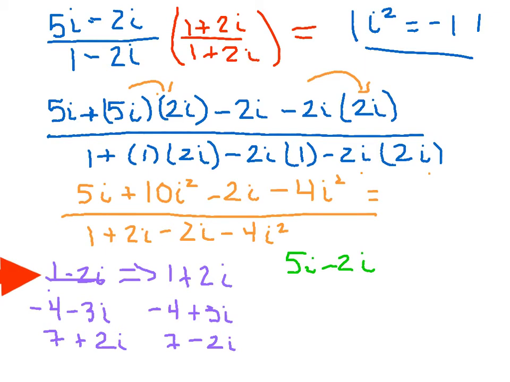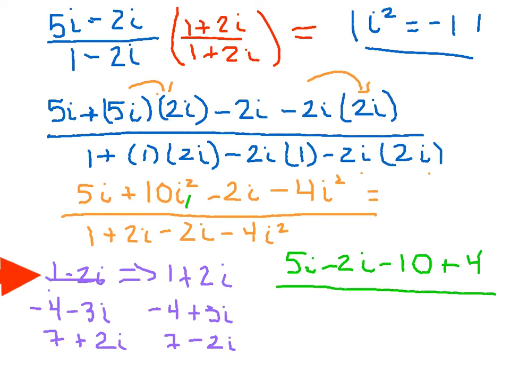Then i squared is negative 1, so I get minus 10. Once again, i squared is negative 1, so I have negative 4 times negative 1, which gives me plus 4.